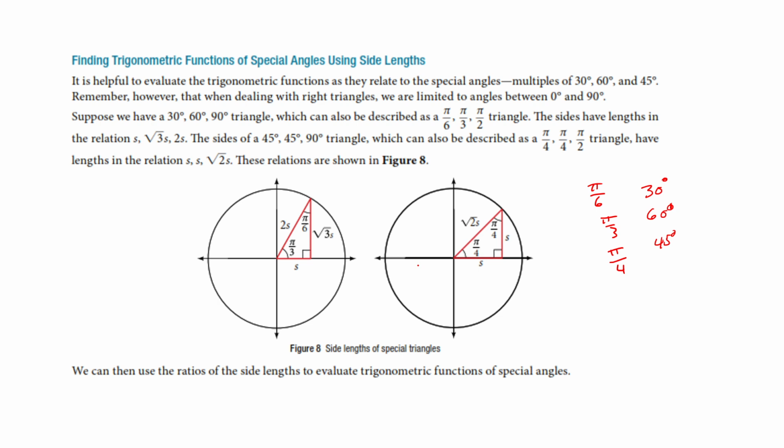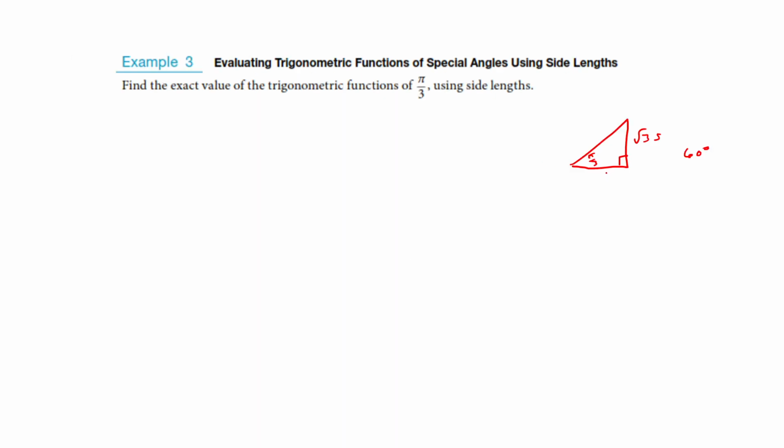And next to it is s, adjacent, and the hypotenuse is 2s. I don't have these memorized, so I have to think that through a little bit. Okay, so these are always the ratios. No matter what the side is, they stay in this same proportion every time, because we saw they're similar triangles with that angle.